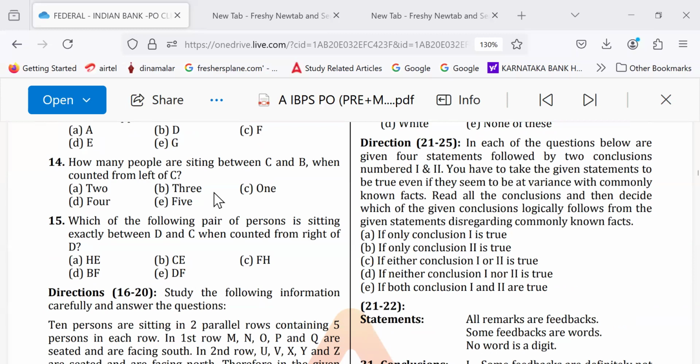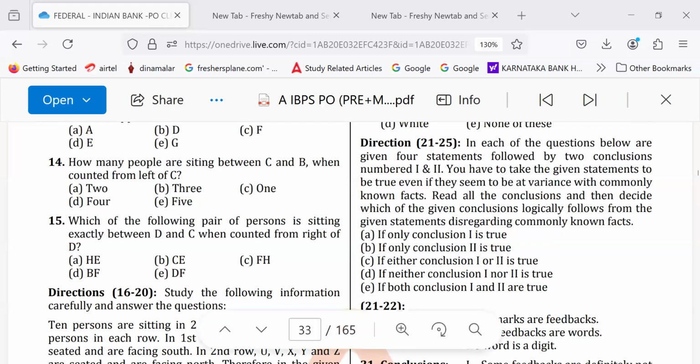The answer is C. 14, answer is C. 15, which of the following pairs of persons is sitting exactly between D and C when counted from right of D? So it will be B and F. That is answer choice D.